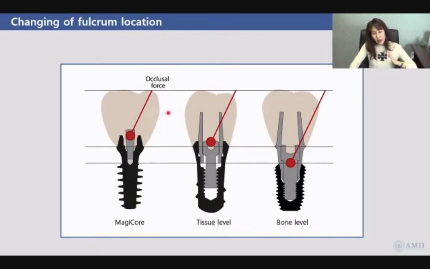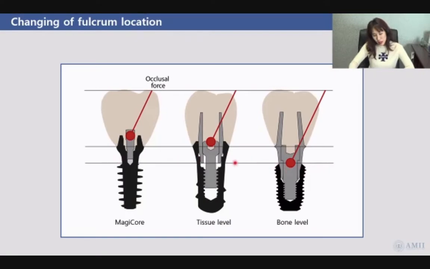So this is also the changing location of the fulcrum. This is a continuous part with the lateral force that I was talking about. As you can see, when you place a bone level implant, this is the bone level, the first line.